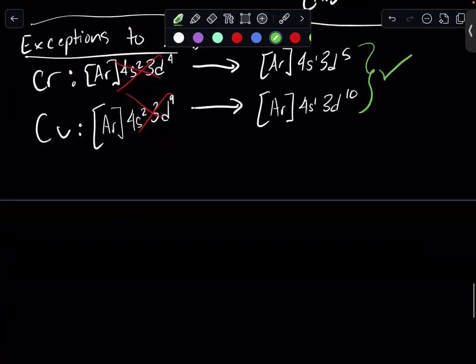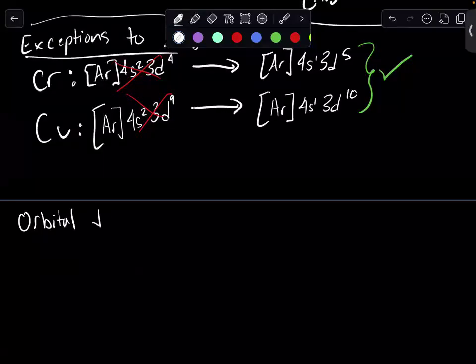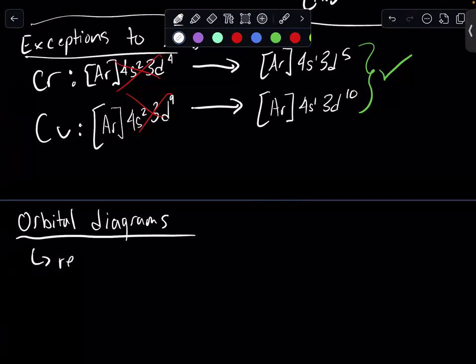All right, moving forward to the last part of this, orbital diagrams. These are sometimes referred to as arrow in box diagrams, but honestly, I never heard of that until the DP. So what orbital diagrams do is they represent electrons in sublevels, and we use arrows.